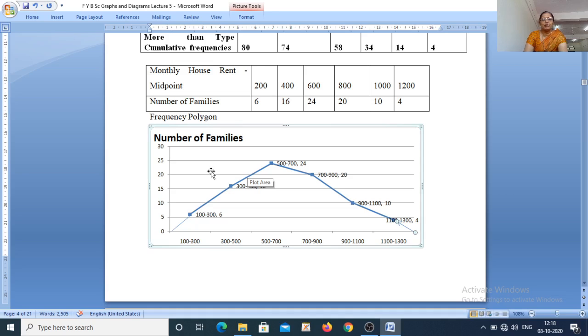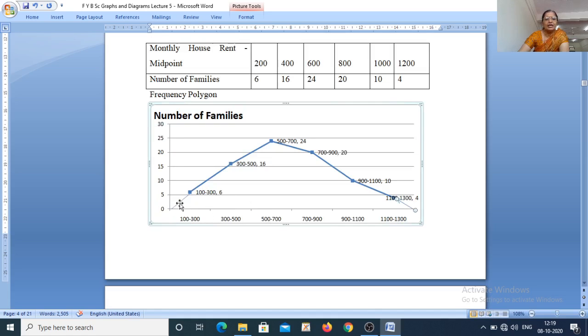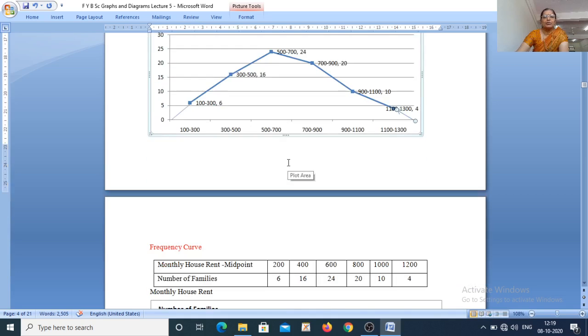So this is a frequency polygon, where each and every point is joined with the help of line segments in a consecutive manner. That means from 0 to 200, from 200 to 300, from 300 to 500. So these are the line segments which we have joined in a proper manner, and therefore this is called a frequency polygon.